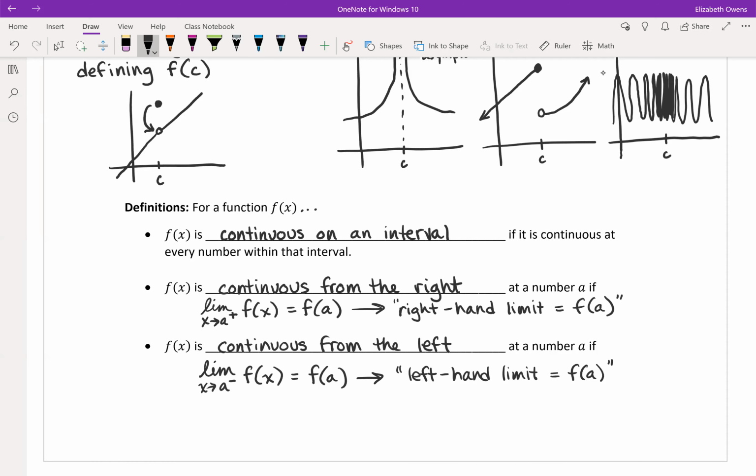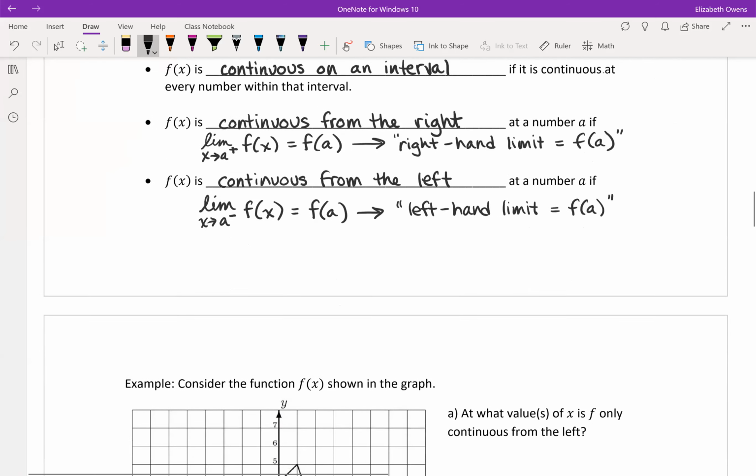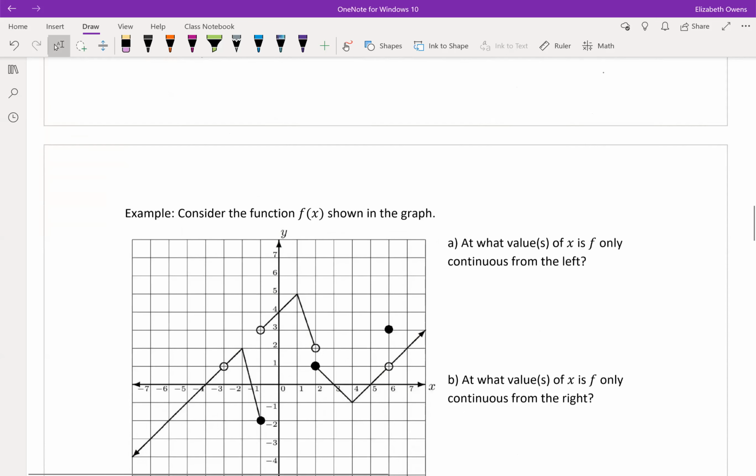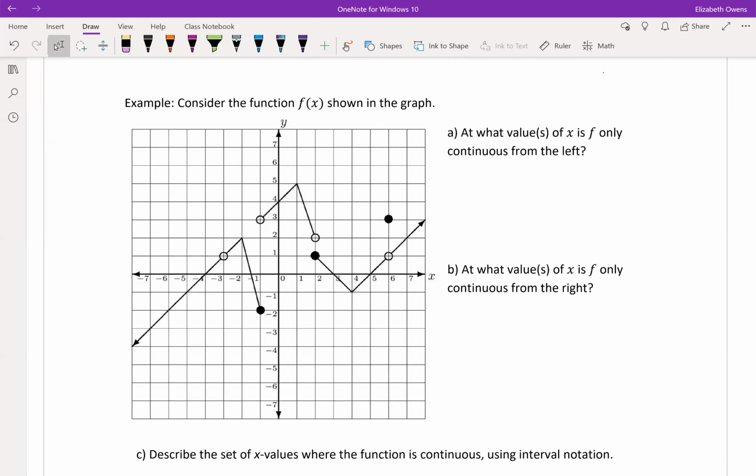Okay, now we'll look at a little example to help us visualize what this looks like. So we are going to consider the function f of x shown in the graph. All right, it's a very piecewise function. It's got three main pieces here. This piece, this piece, this piece.